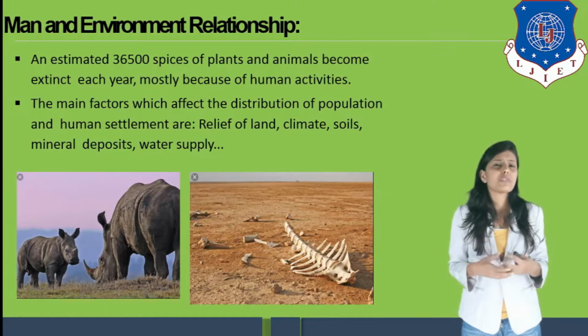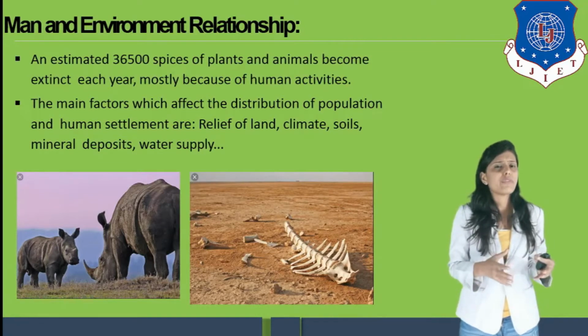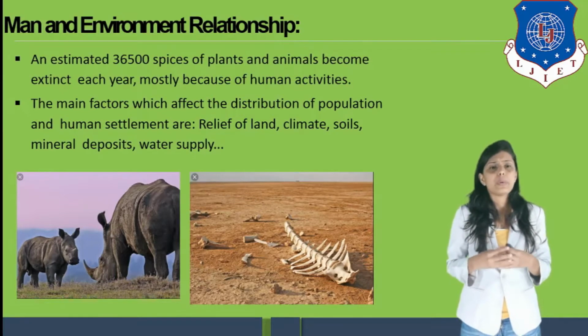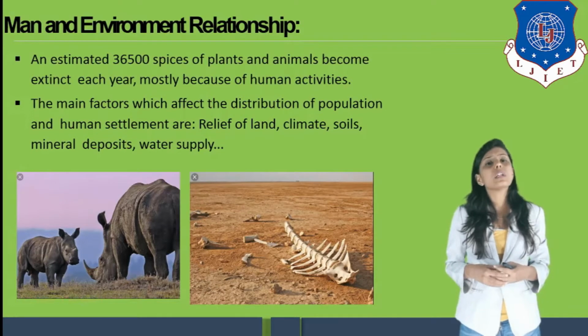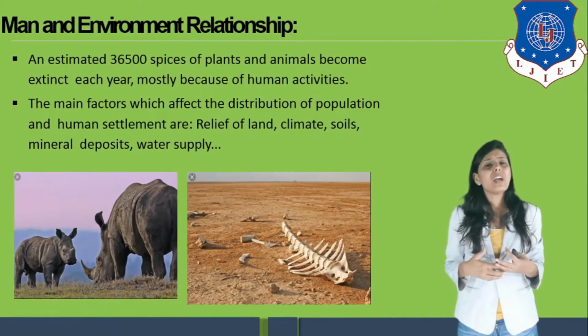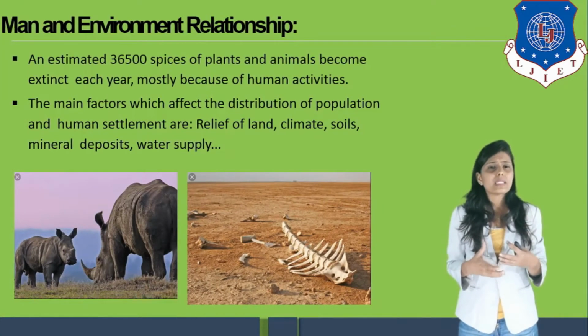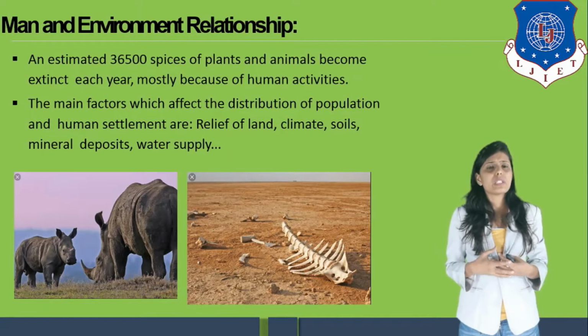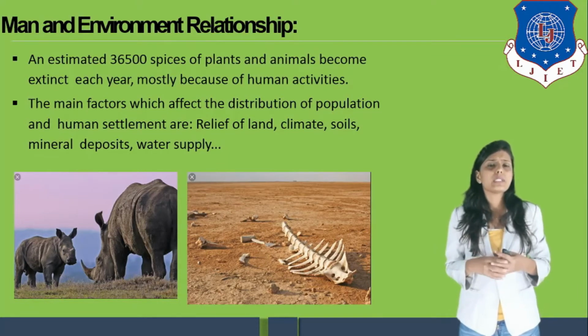Then, because of shifting zoom cultivation, where farmers cut trees and convert forest area into agricultural land, soil nutrients are depleted. And then how we are overutilizing water, how the environment is affected, and how animals are affected by our activities. So all these things we have studied in today's lecture.